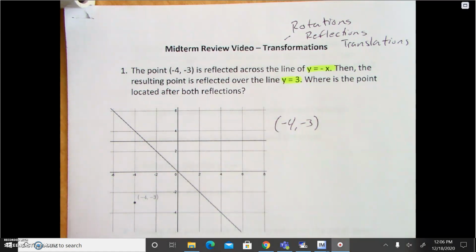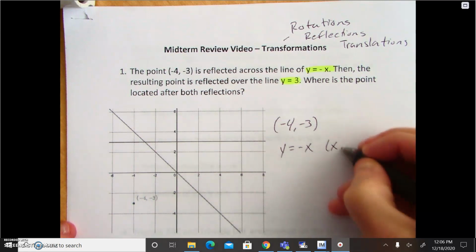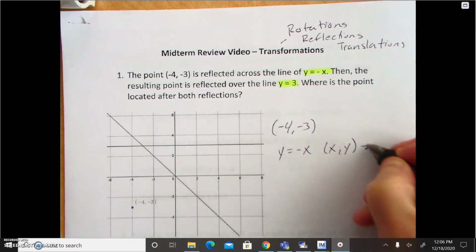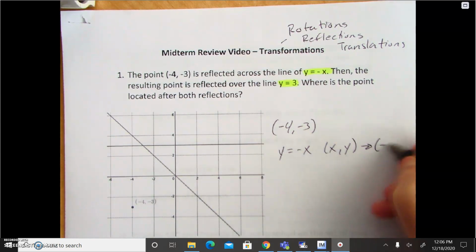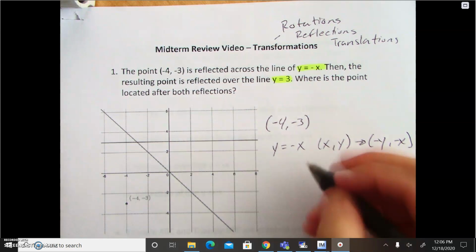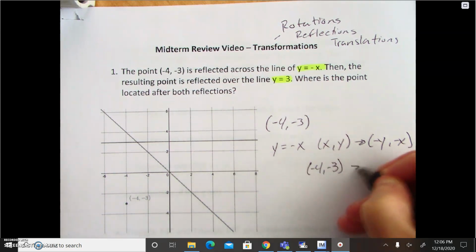So if we recall, the rule for y equals -x goes from (x, y) to (-y, -x). So for that point, I'm going to go from -4, -3.